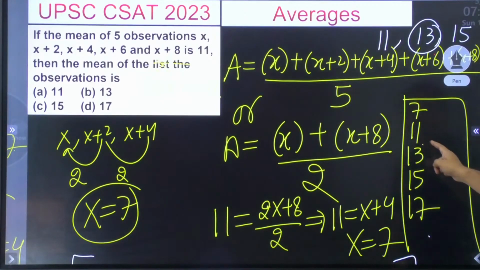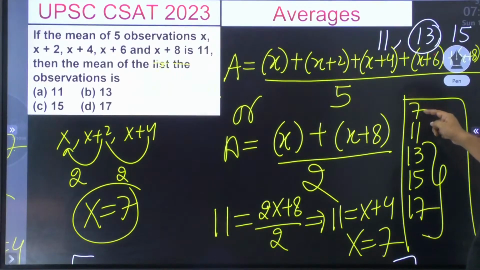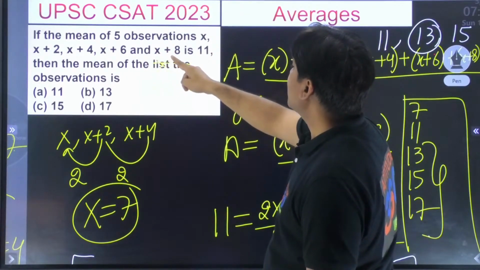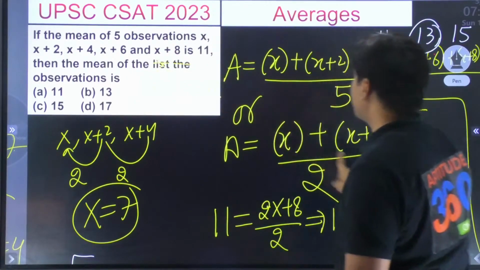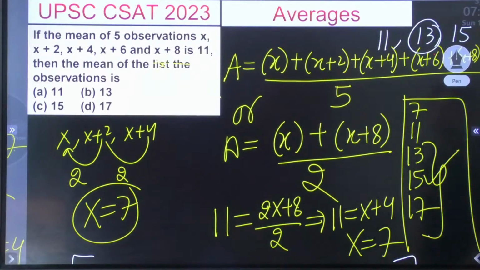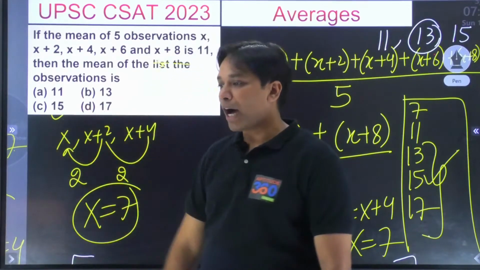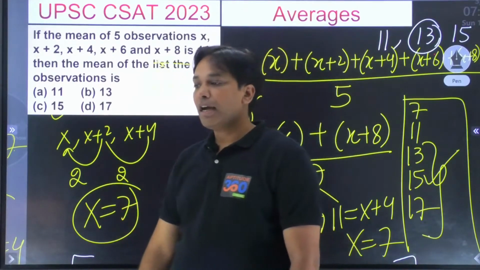The last 3 observations are these. Which ones? The mean of 5, 1, 2, 3, 4, 15. So the answer will have to be 15. It cannot be anything else. It has to be 15 as per this problem. Are we clear with 15? Karthik and others?